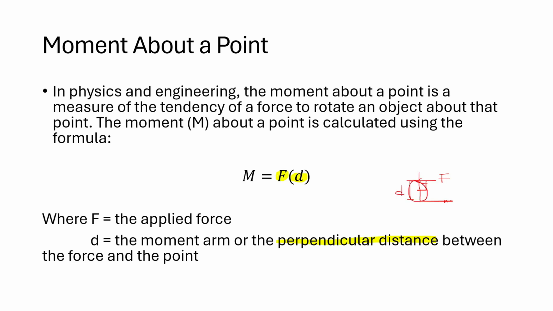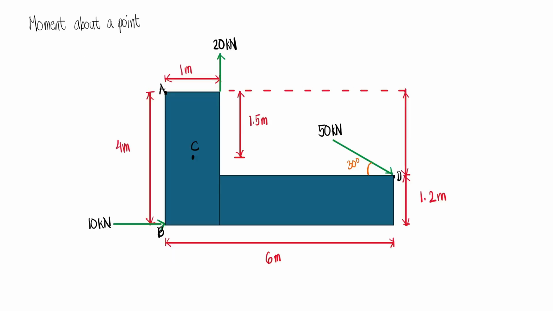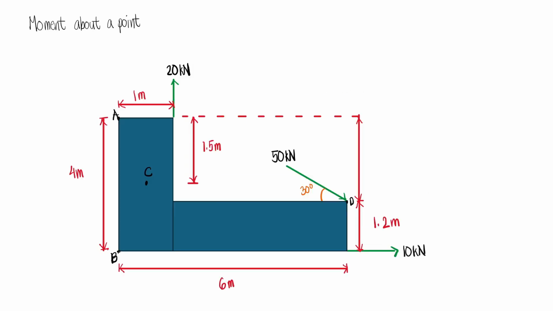Now, in order to internalize this, let's try to solve an example. We have this cross-section, and let's try to solve the moment about a point. We must first recall that we can move any force along its line of action, and it won't change anything. For example, this 20 kN load acts along this line, and so you can move this anywhere.